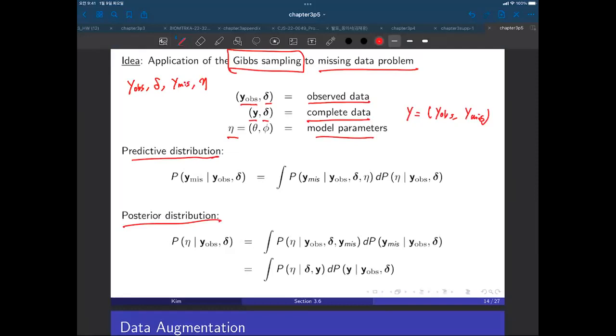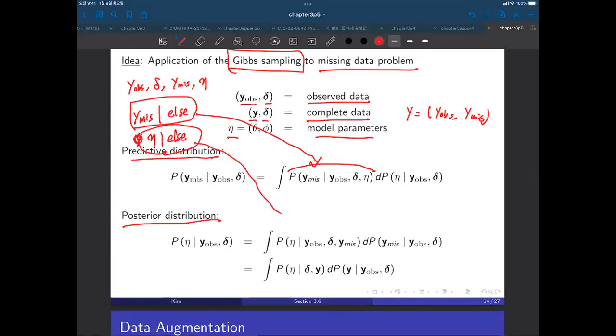Our sampling problem is either sampling Y miss given everything else, or sampling eta given everything else. So this guy is this guy, and this guy is this guy.